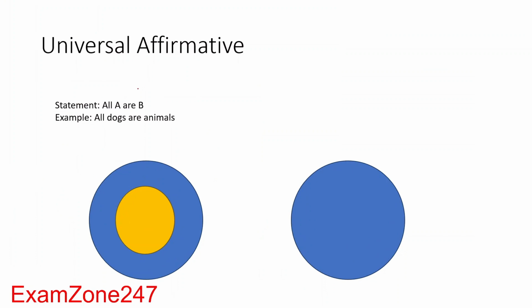Okay, let's come to the universal affirmative statement, that is all A are B. So when you read this statement, you will draw all A, this is A and this is B. Okay, when you are drawing this statement based on this, what you are actually telling is all A is inside B. But does this statement really mean A is inside B?